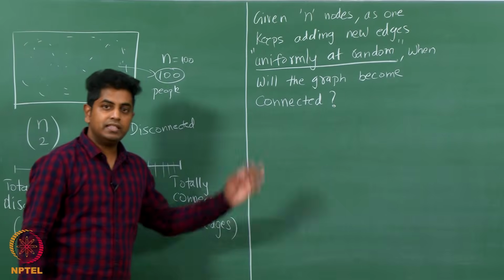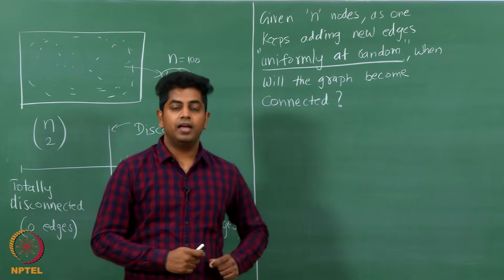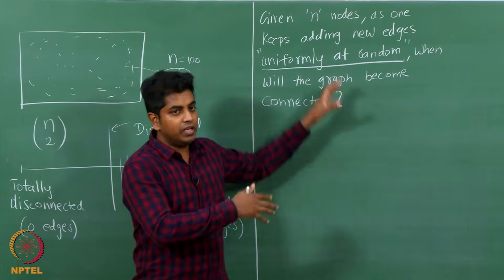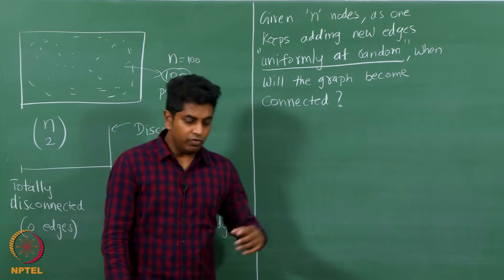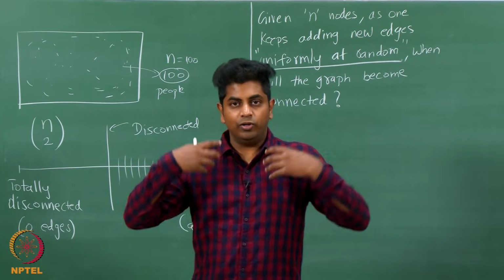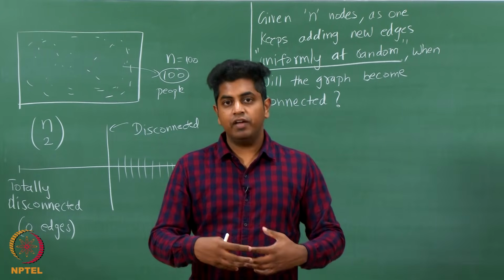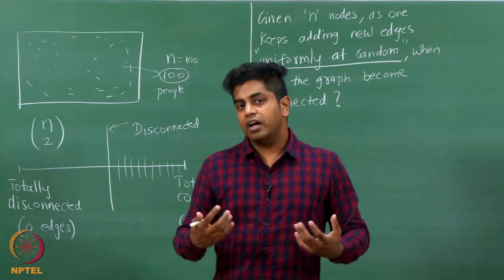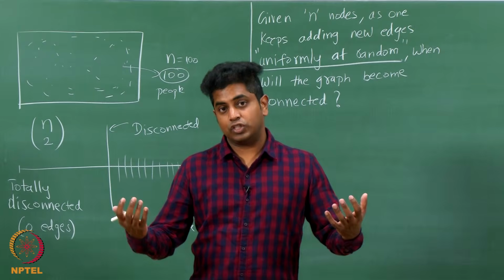Now a question like this does not have an exact answer. We always say mostly if you put so many edges it becomes connected. What do we mean by this? If you say I need to lose weight, I need to lose 5 kilograms of weight, you will say okay, then you should start running half an hour a day for the next 1 month.